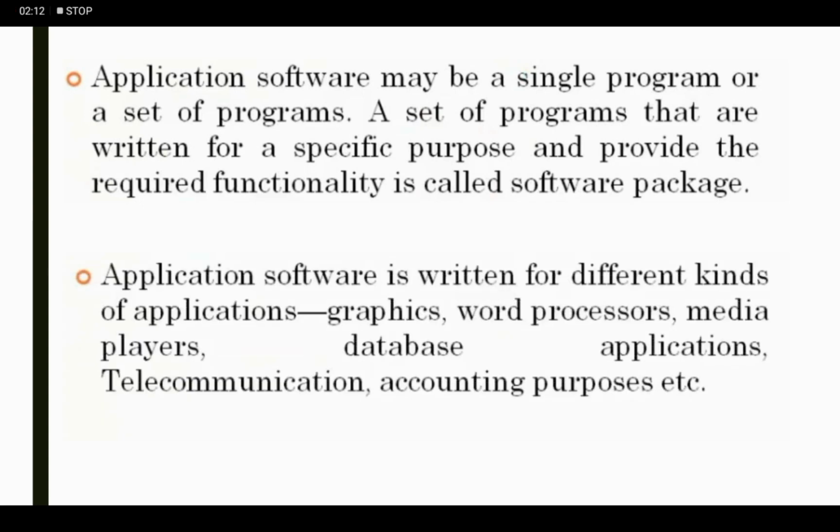Application software is written for different kinds of applications: graphics, word processor, media players, database applications, telecommunications, accounting purpose, etc. These are some types of application software. Let's discuss them in more detail.